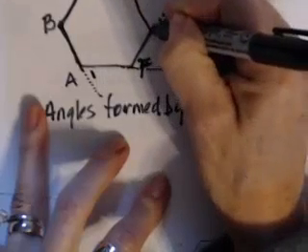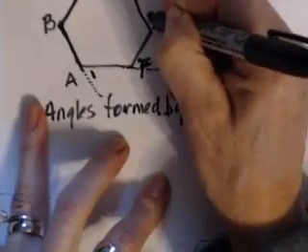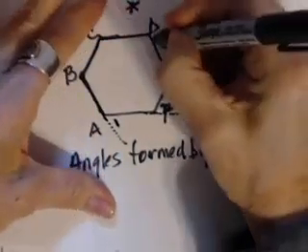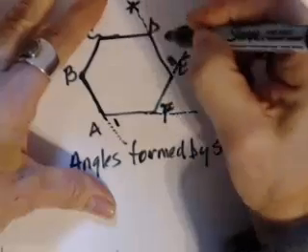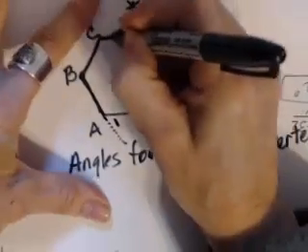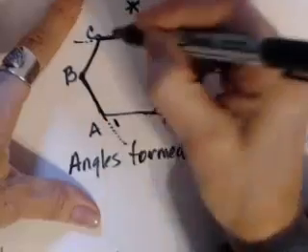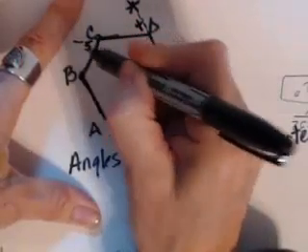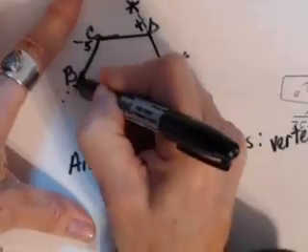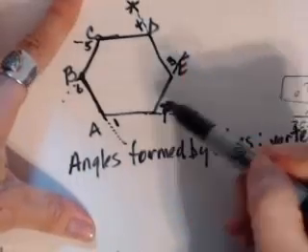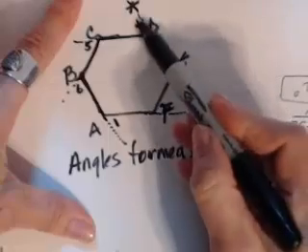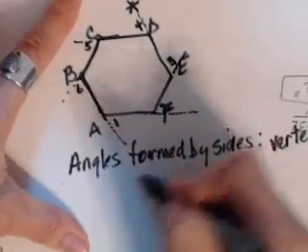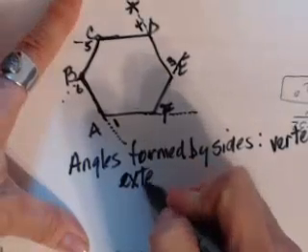And if I extend the side at E, I continue to do that for every side and vertex. There are 6 angles formed, 1 at each vertex, and those 6 angles are called exterior angles.